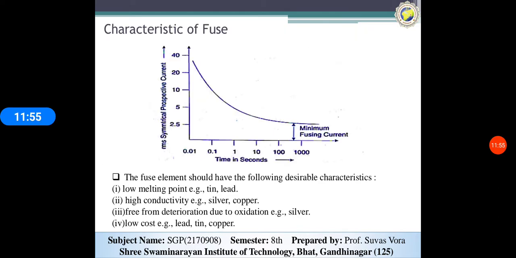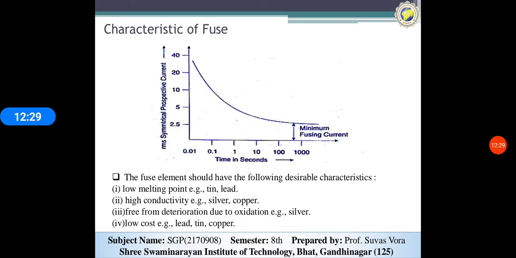Now the next one is the characteristic of a fuse. This one is used in the design of the fuse. Basically, the function of the fuse is to carry normal current without overheating, but when the current exceeds its normal values, it rapidly rises to the melting point and disconnects the circuit protected by it.